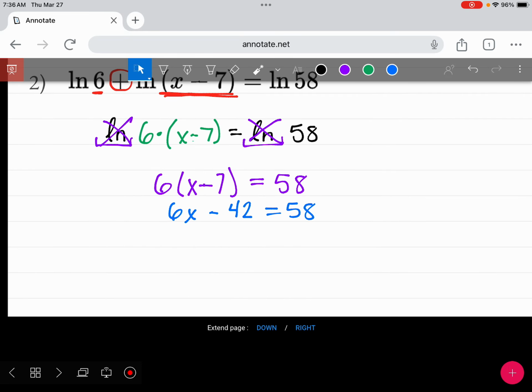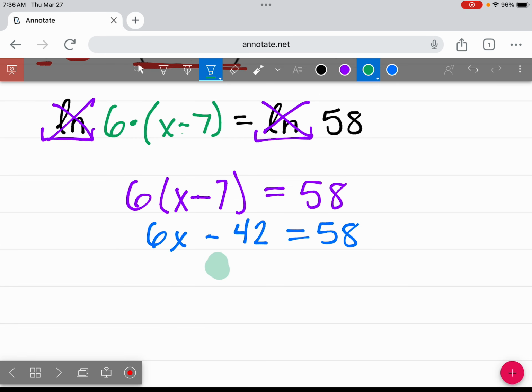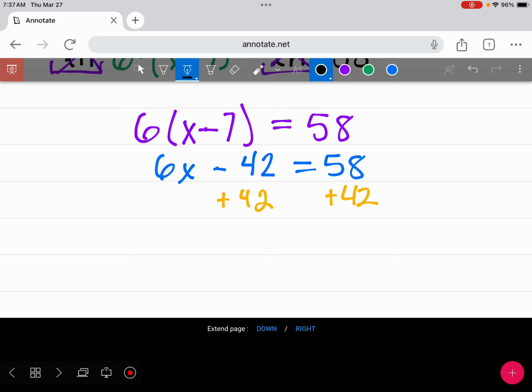Now what can I do? Add 42 to both sides, because we want to get our x by itself. So if we add 42, we get that our 6x equals what? 100. So what does x equal?